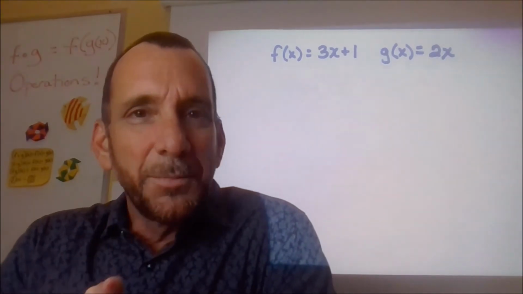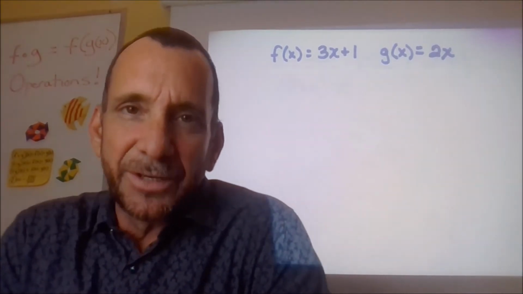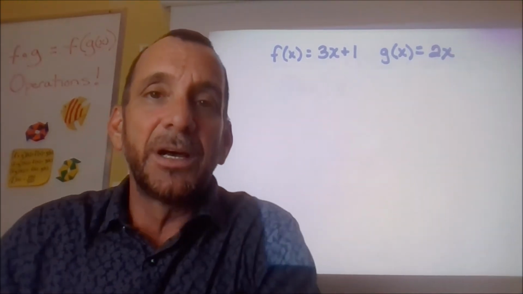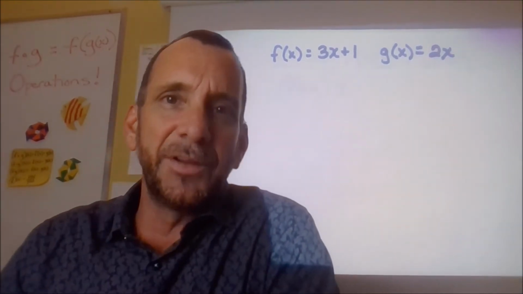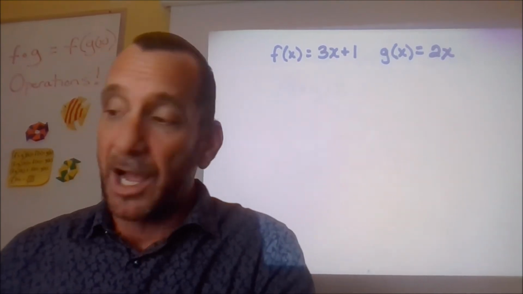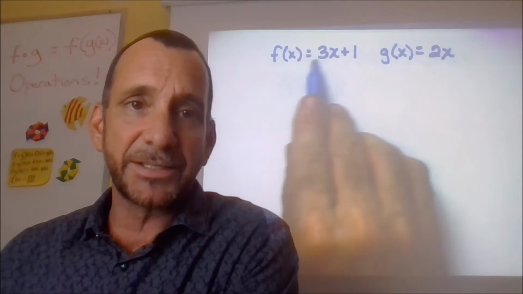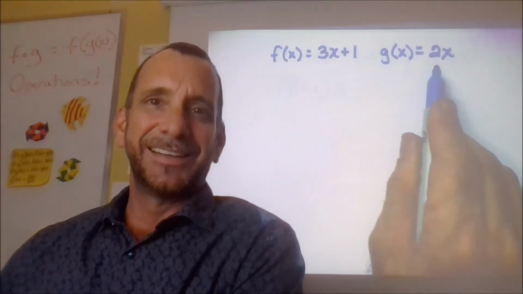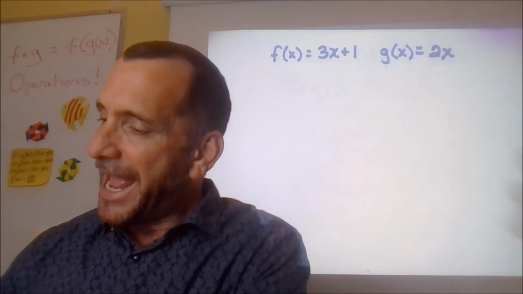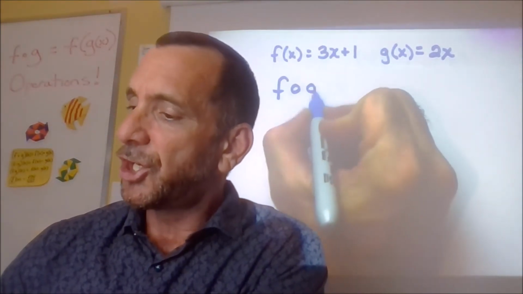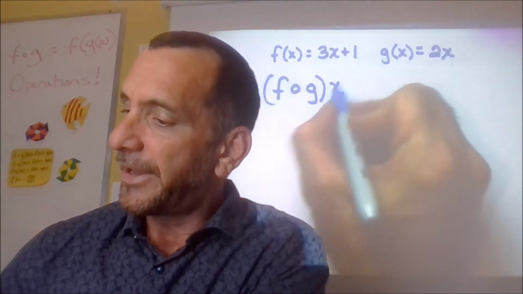Now here's one more example on composition of functions that I really feel compelled to teach you because it's a little different than the previous examples. And just to start us off, we say we have f of x equals 3x plus 1, a g of x equals 2x, and we want to find f of g of x.